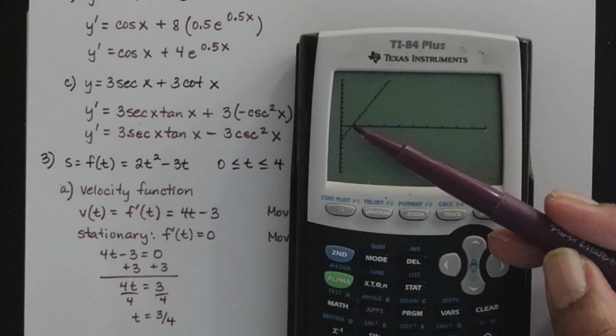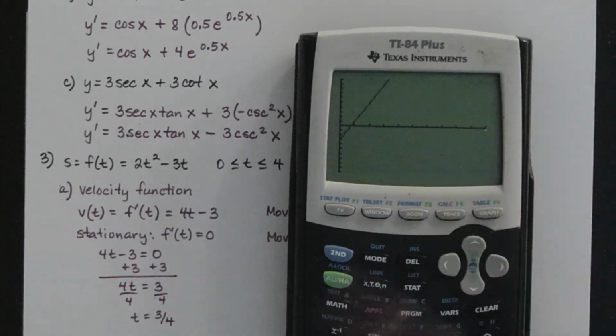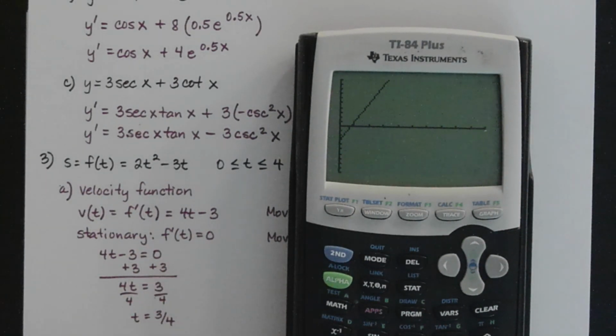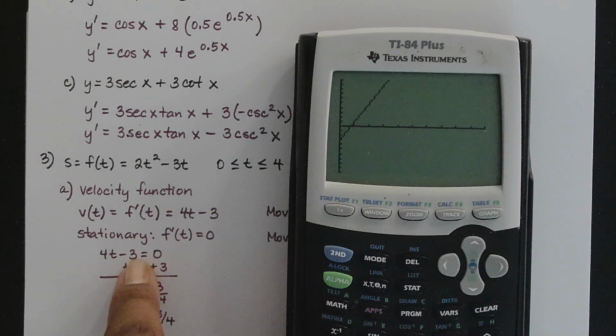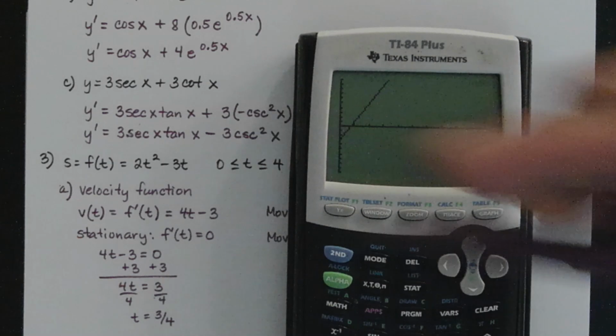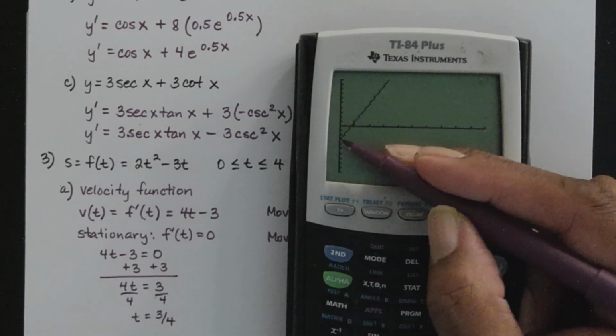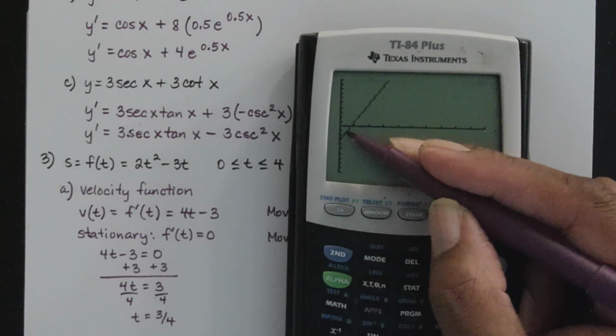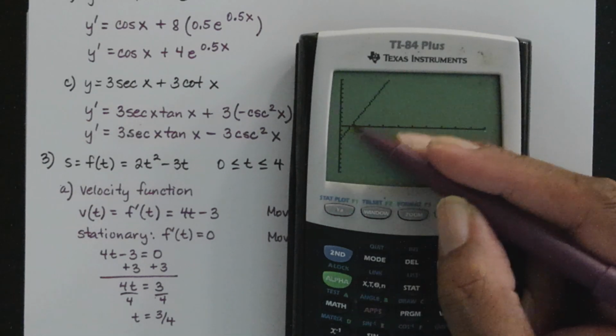And as you can see here, that point of intersection will have to be 3/4, because it's stationary at 3/4. When t is 3/4, I get a 0 here for 4t minus 3. But anything to the left of this, that's below the x-axis, that will have to be moving to the left.